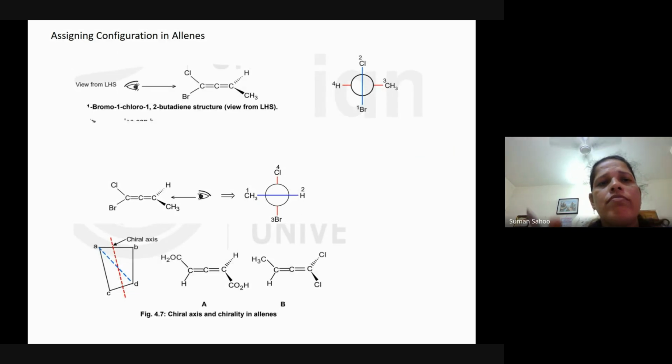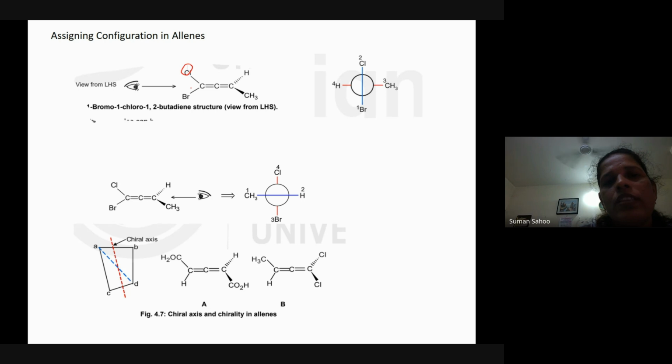So how do you assign configurations in allenes? You have to view it from different directions. Suppose you view it from this direction, chlorine is on the top and bromine is on the bottom. So you put chlorine on top and bromine on bottom, and then your CH3 group is on the right, so put it on the right side, and hydrogen on the left side, because you are viewing it from this side.